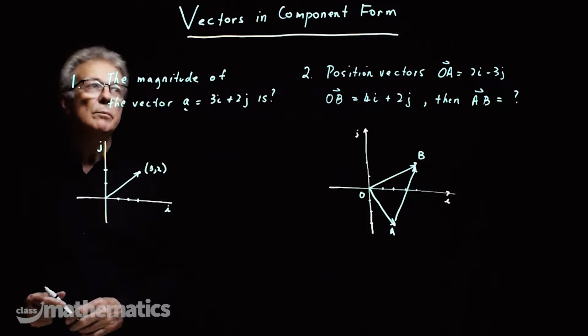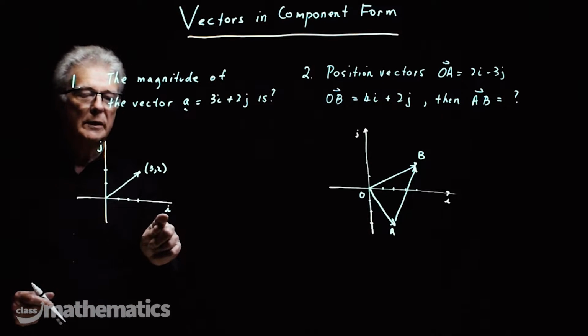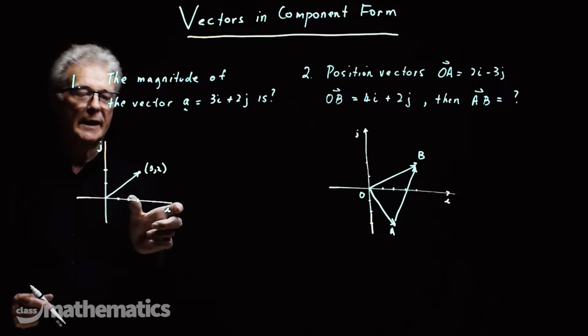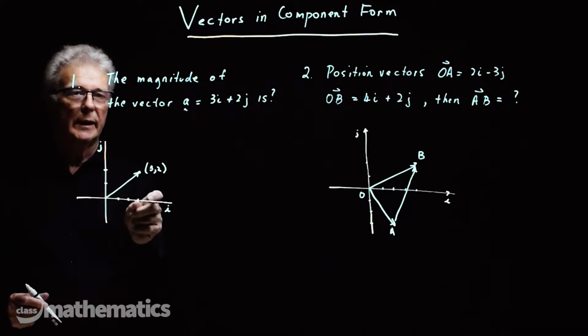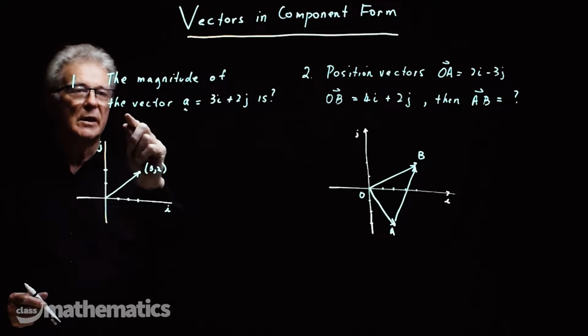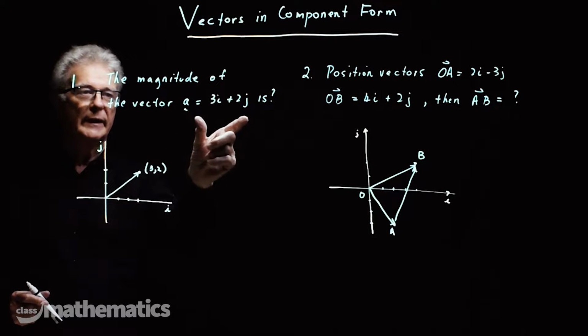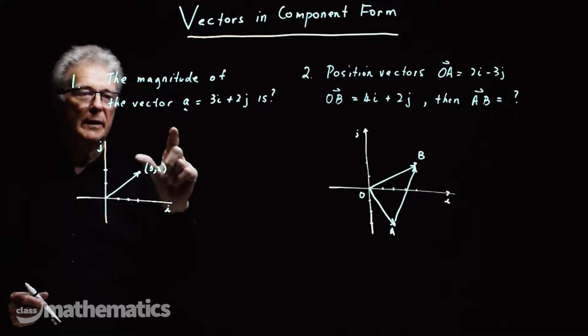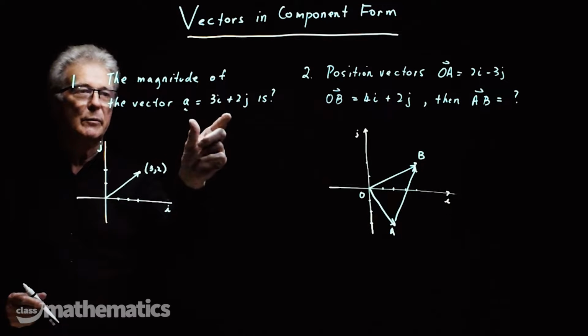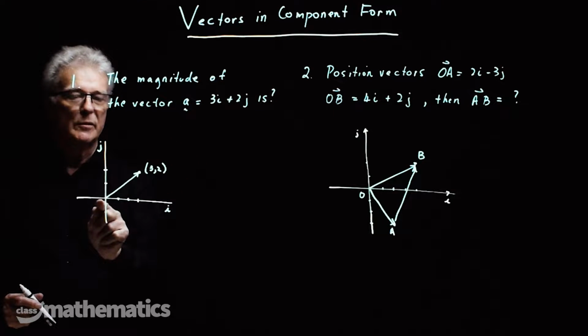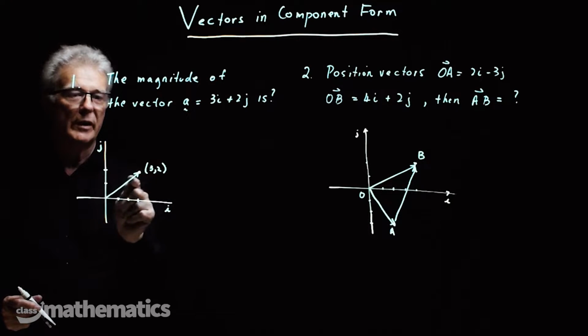Now, this is vectors in component form, where we use the components i and j, like the x and the y-axis. Right, now, we've got to find the magnitude or the size of the vector 3i plus 2j. Now, remember that vectors can be anywhere in the plane, but obviously we're going to move this one down so that it's going to be what's called a position vector, so it's starting at 0, which makes it very, very easy.